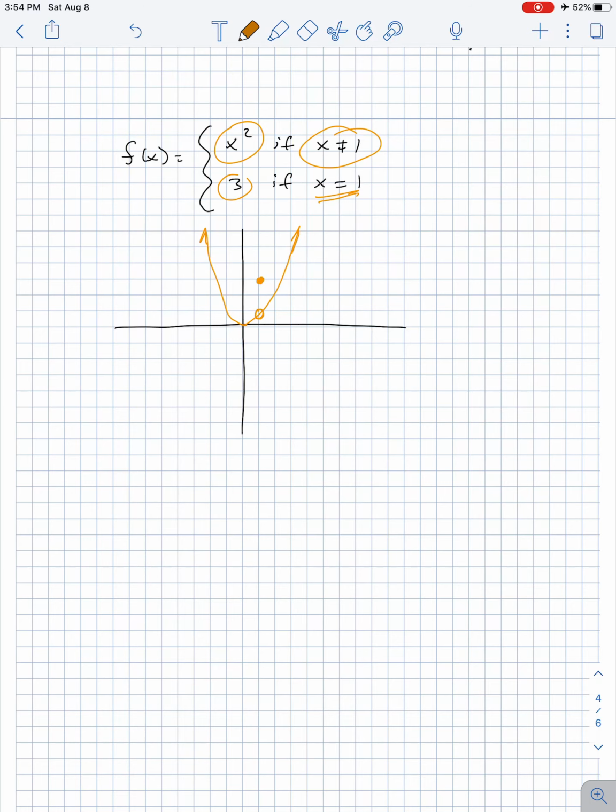Okay. And the question is, is f continuous at 1? Why or why not? So here's the strategy. If you say yes, then you have to show me how it succeeds in the 3 parts of the definition. If you say no, you have to cite which one fails. Okay, that's the strategy for proofs on these.